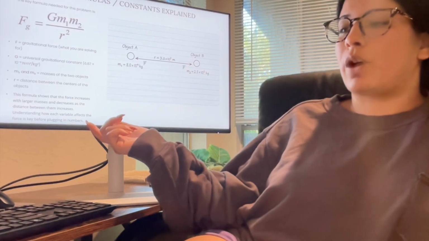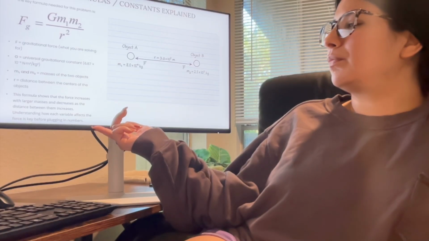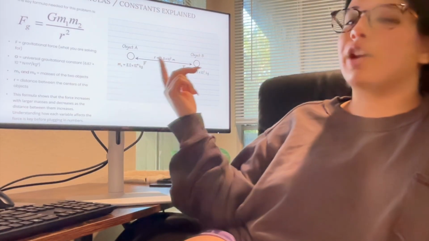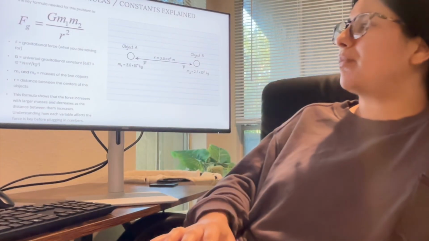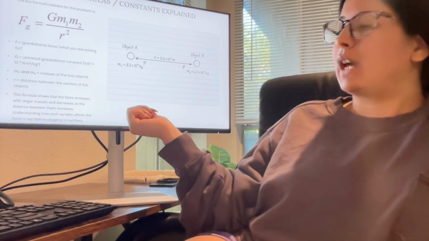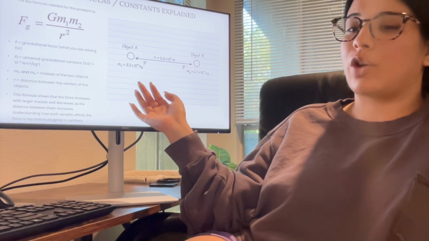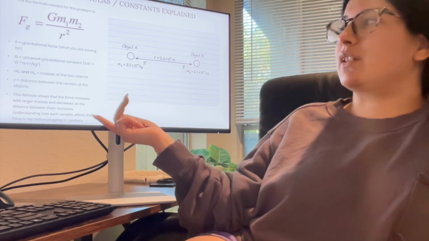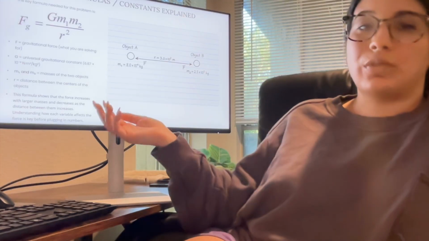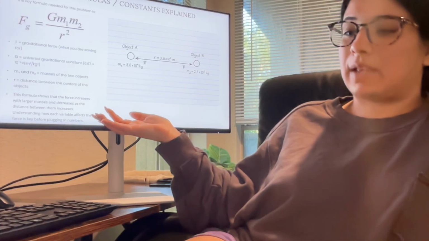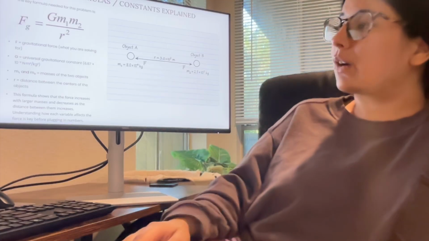It's very important to know how, if a certain variable is higher or lower, whether it's R or a mass, how it would affect your entire equation before you even solve it, because sometimes you can know, like, if this number's higher and that's the distance, it's going to decrease my gravitational force. It does follow the same rules that are applied.